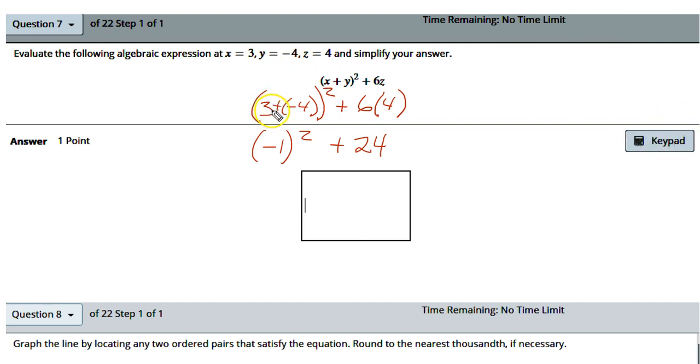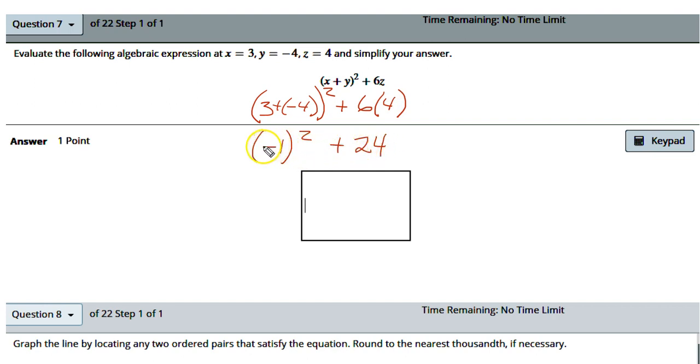So the x is a 3, the y, I've put it in parentheses, is a negative 4, and I'm showing it as an addition. So when you combine these two, you end up with a negative 1 that you're going to square. And then it's 6 times the z value, which is 4, which is 24.